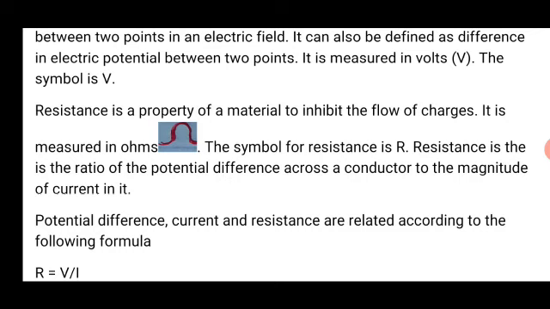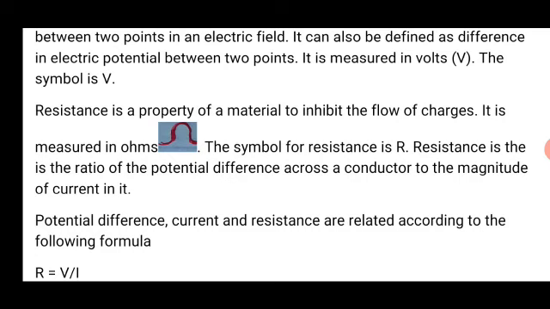you can measure the current using an ammeter, then measure the potential difference using a voltmeter. When you measure the potential difference across the two ends of the conductor, from one point to another, and you measure the current flowing through the conductor, you can get the resistance by using the ratio potential difference divided by current.